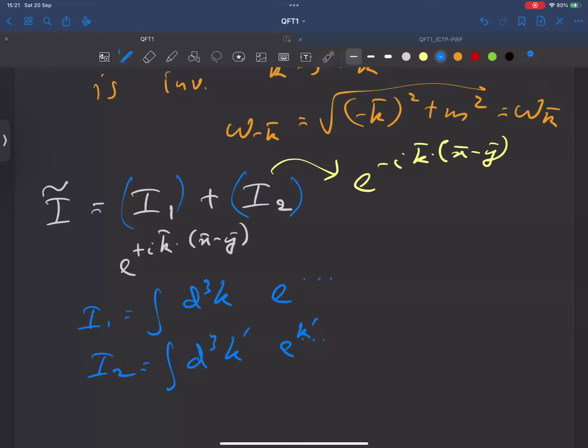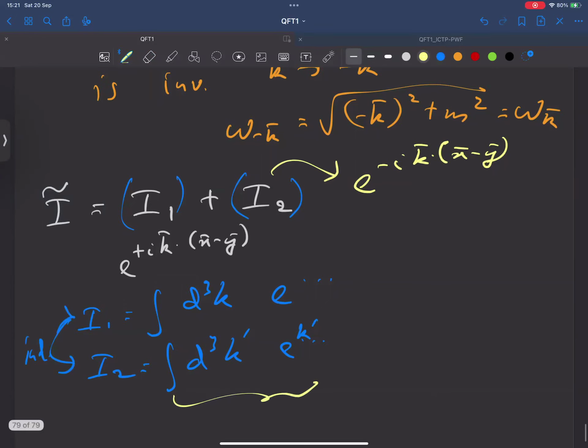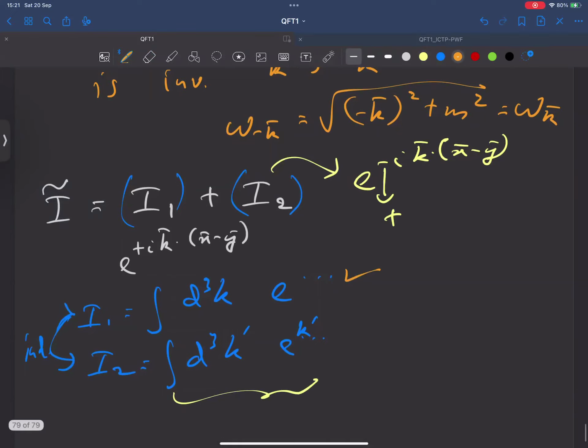You are integrating over the whole thing. At the end of the day, no k will be left. So hence these two are independent of each other. So what we did was we performed a relabeling here, and when we did that, we flipped this minus to plus. But one could also perform the relabeling here. If you do that, you will flip this plus to minus. But the key point is you just relabel one of them, not both of them.